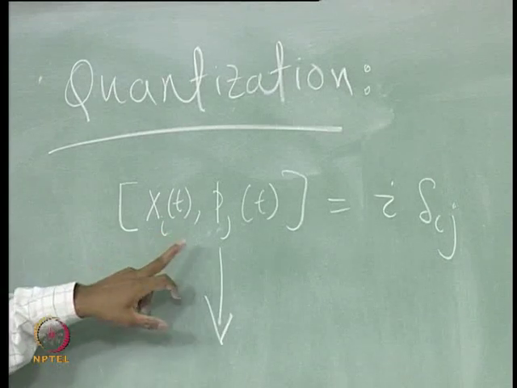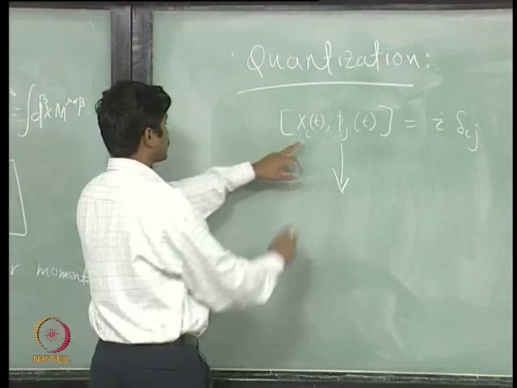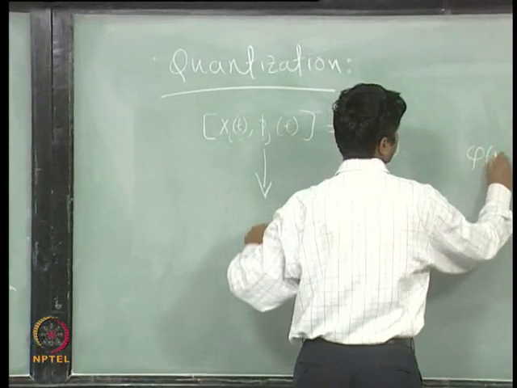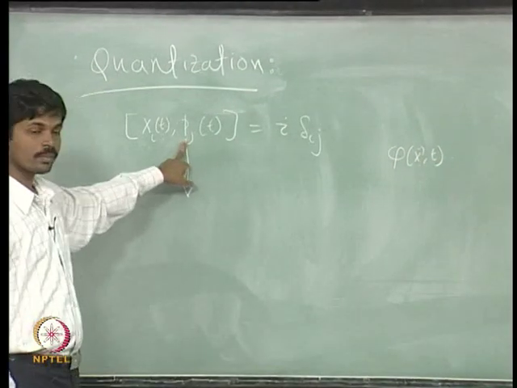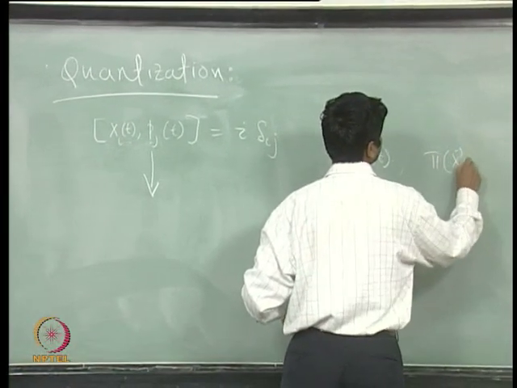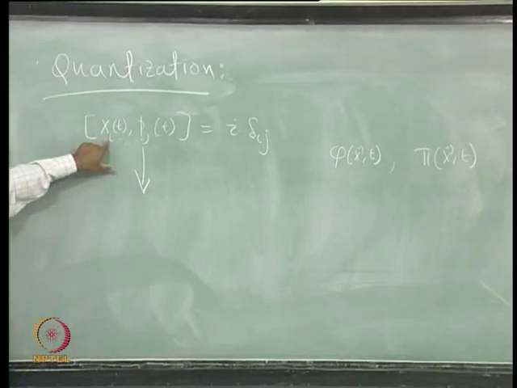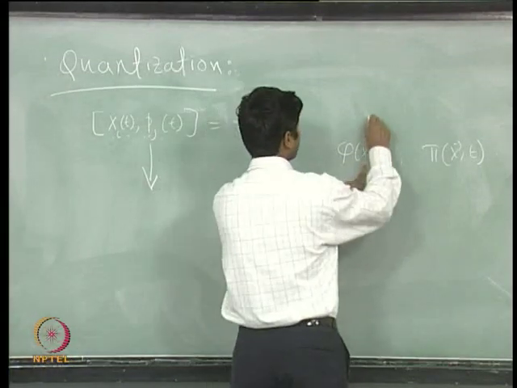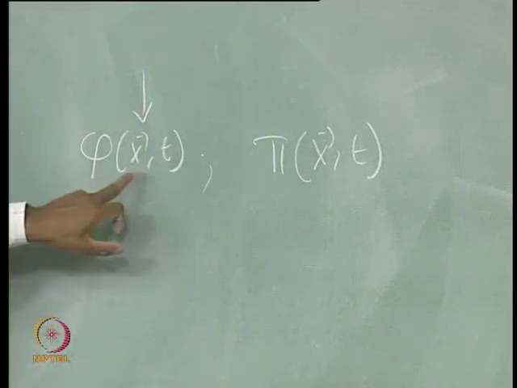An obvious guess to generalize is that the analogue of x is the field phi of x, t, and the conjugate variable is the conjugate momentum pi of x, t. Only thing is that there are discrete labels i and j here, but here you have continuous parameters, a set of 3 continuous parameters, parameterizing these fields phi of x.